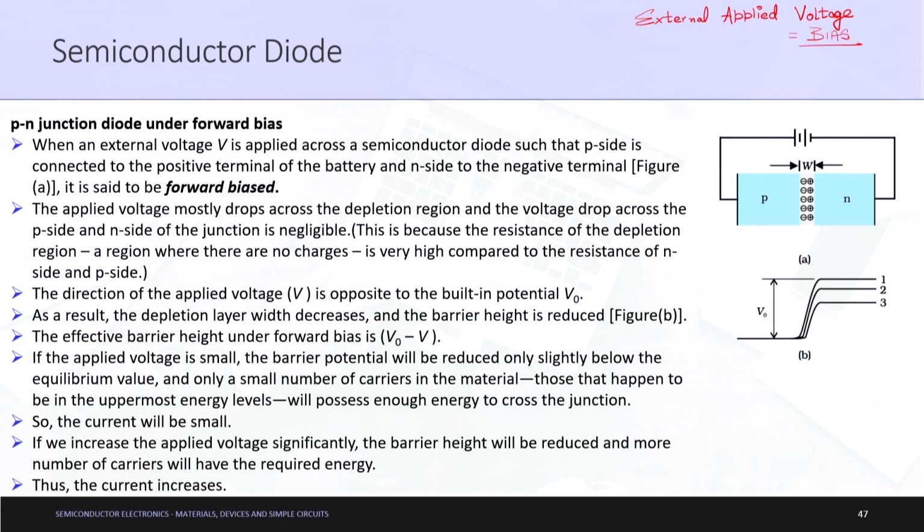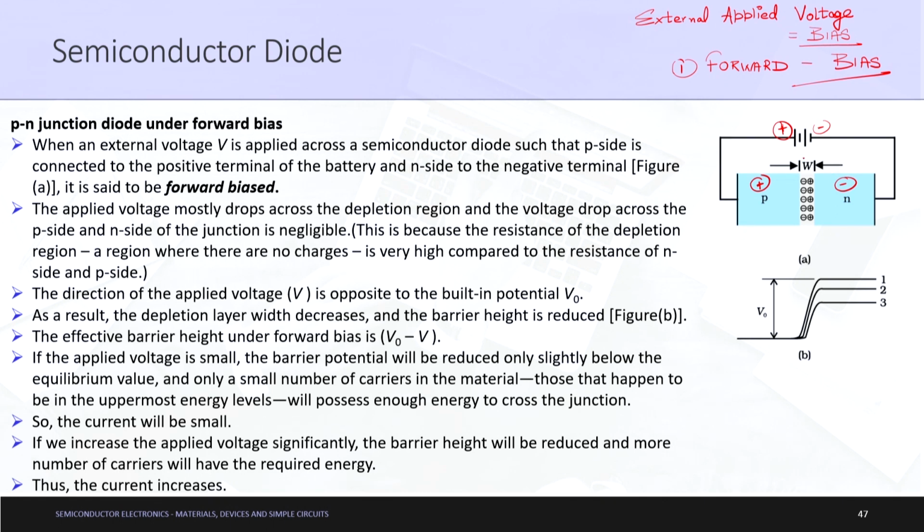Now the first concept we understood in the previous discussion was forward biasing. What is forward biasing? It is when the positive terminal of the battery is connected to the P type semiconductor and the negative terminal of the battery is connected to the N type semiconductor.